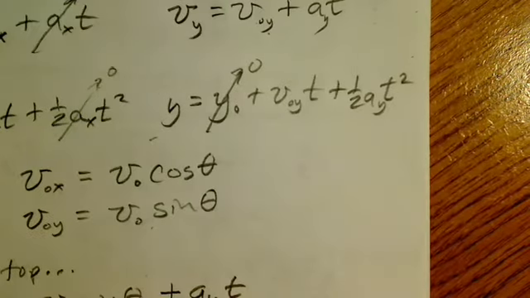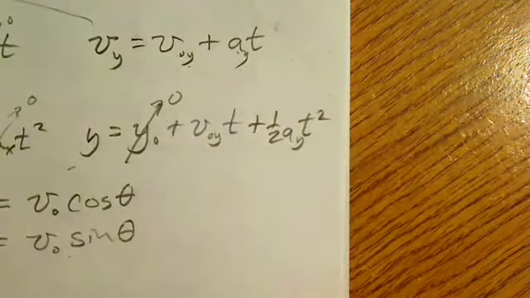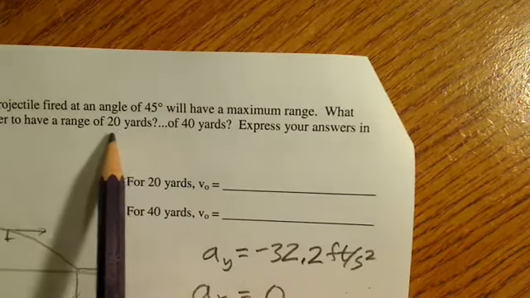We know what the a is, but we don't know what t is. So let's use maybe this other one, because we know how far it goes, 20 yards or 40 yards.